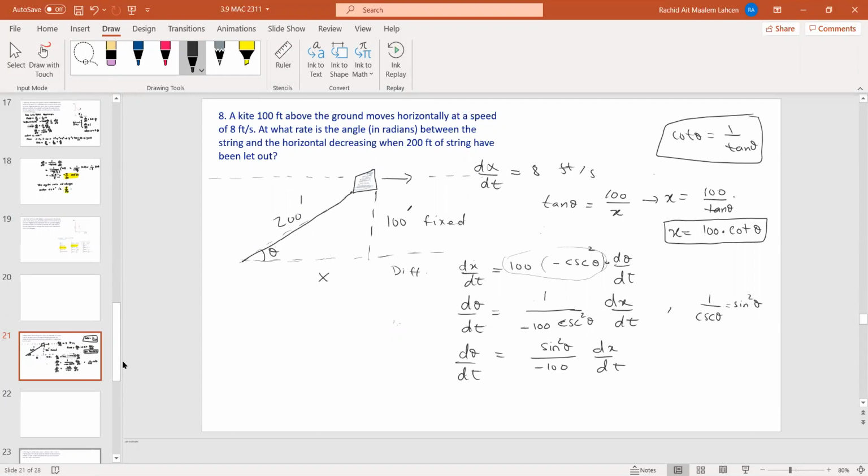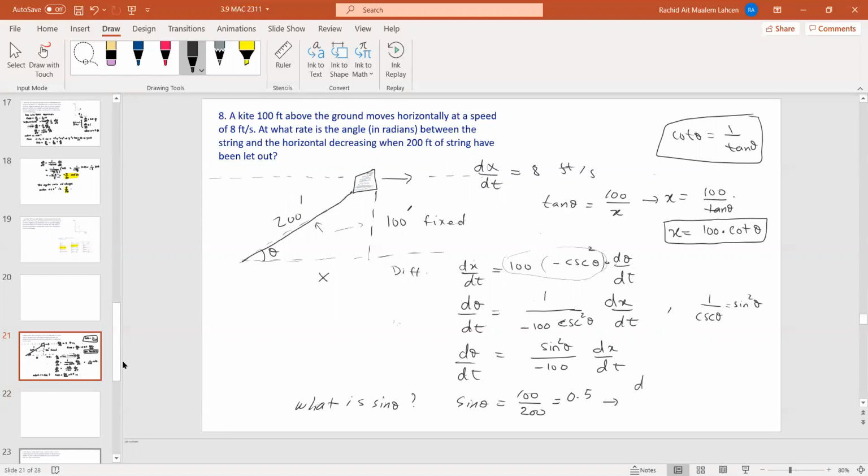Yeah, and once we get here, the question again is what is sine theta? Well, we're going to look at the triangle. Sine theta is going to be the opposite over the hypotenuse, which is 0.5.